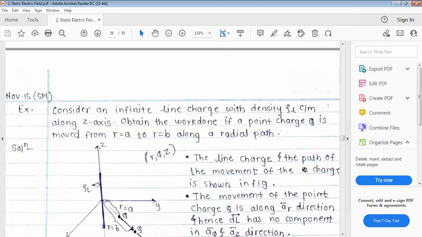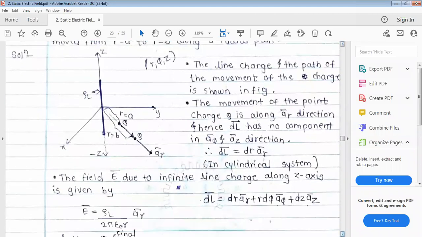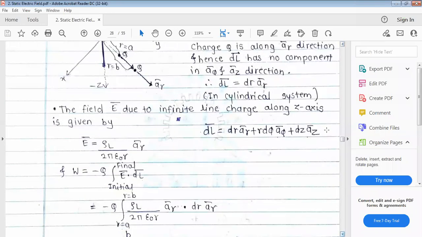Nothing is given, so you can consider either the cylindrical or the spherical coordinate system. Here the cylindrical system is considered, so dl bar is dr A bar R plus R d phi A bar phi plus dz A bar Z.